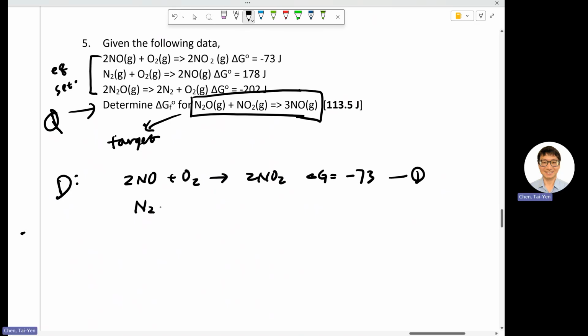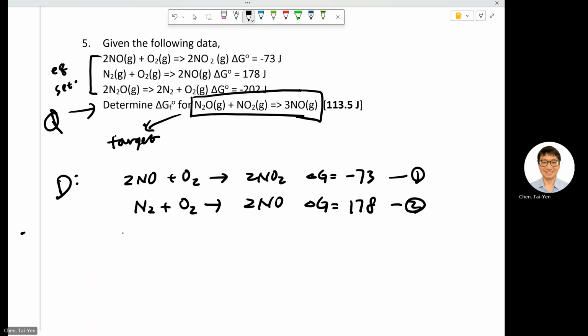Second equation, N2 plus O2 gives you 2NO, delta G equals 178. Equation number two. And then 2N2O becoming 2N2 plus O2, delta G equals -202. Equation number three.